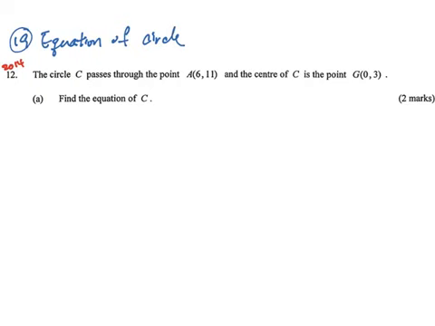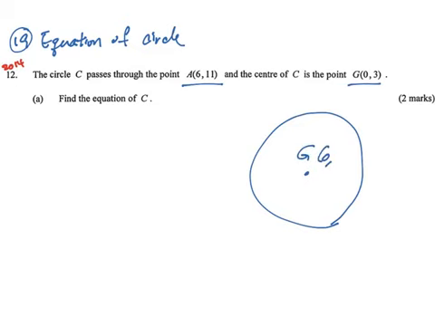2014. We have a circle passing through A. The center G is 0, 3, and it passes through A. That means the point on the circumference is 6, 11. Find the equation of circle. Remember, when we create the equation of circle, we need to prepare the center and the radius. For center we have 0, 3, but for the radius we don't know, but we can find it because the length from center to circumference is the radius.